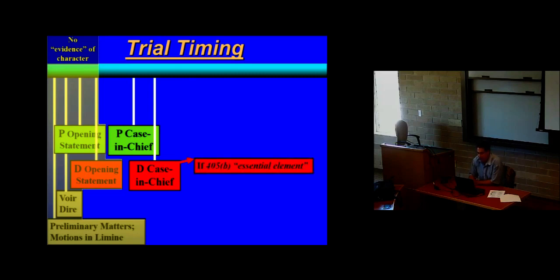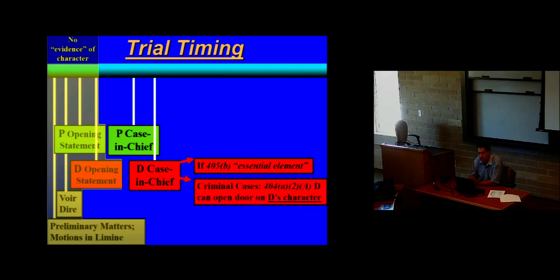However, if there is a 405(b) essential element, then they of course can bring it up, and they can bring it up in any form: reputation, opinion, or specific instance of conduct. And that's because the plaintiff or the prosecution has already brought it up. Again, if it's 405(b) essential element.